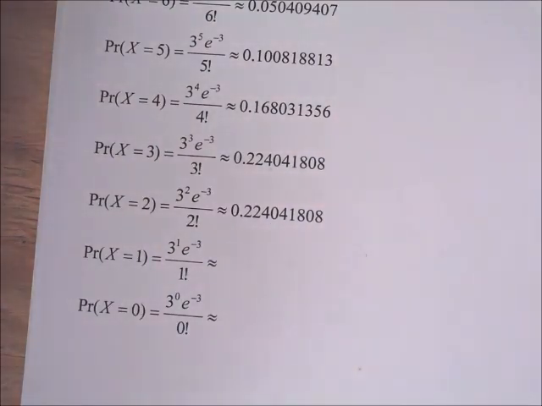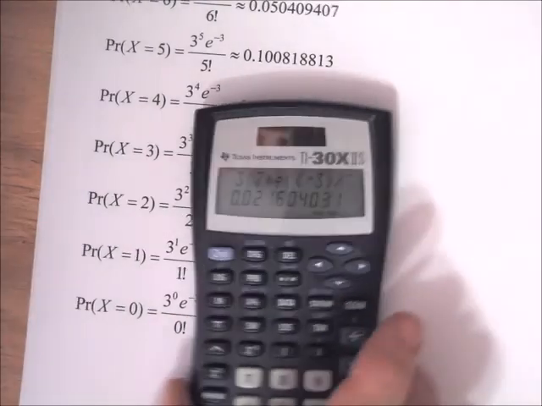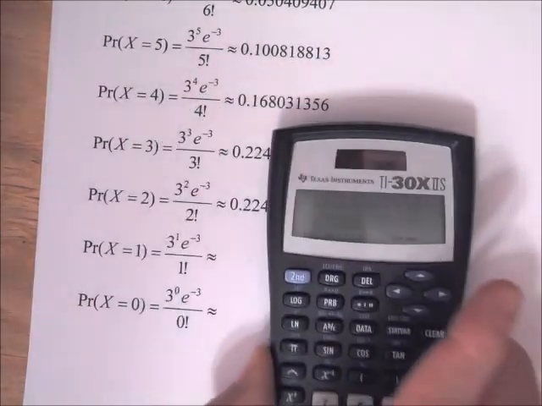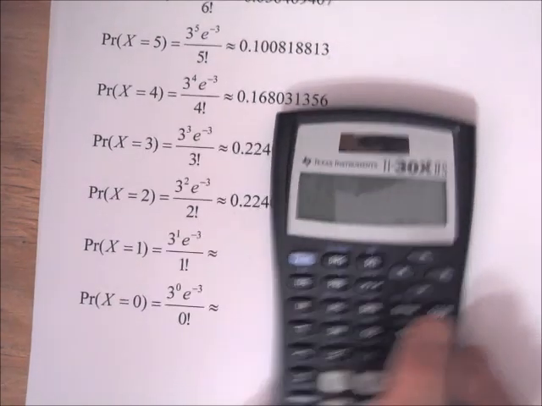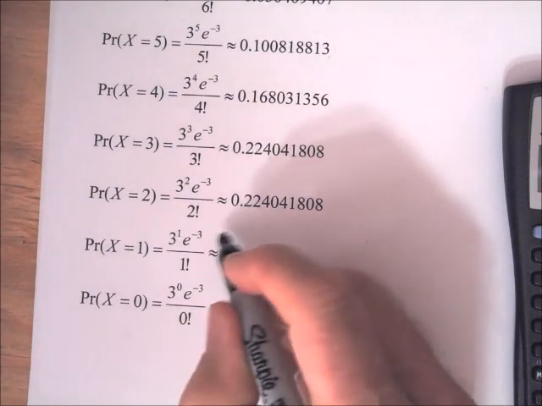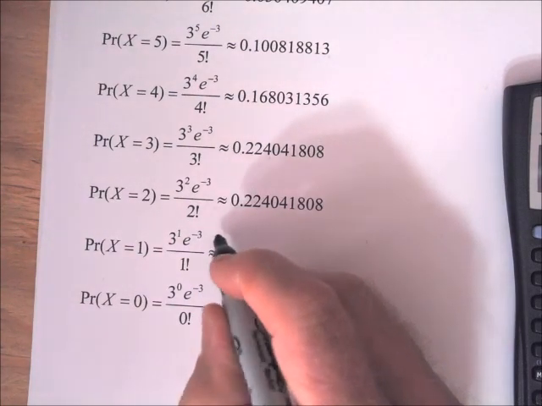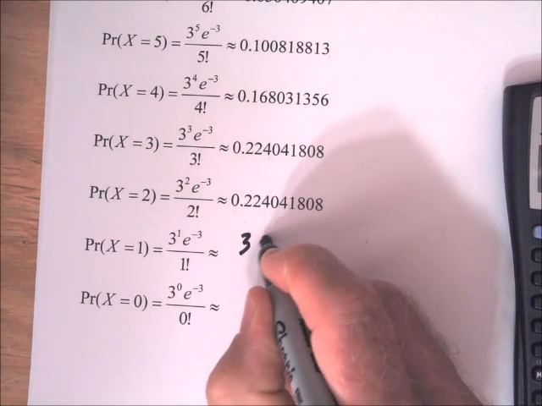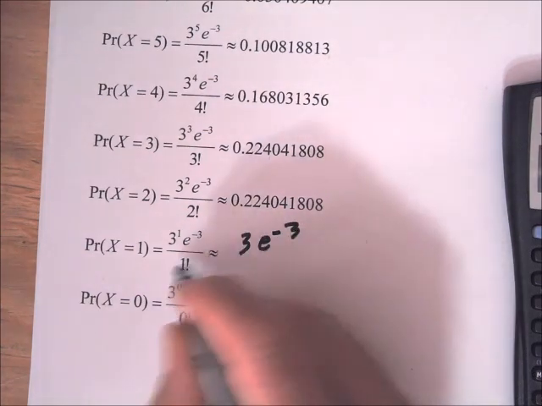So this is going to be 3 to the 1. Some of this you could do in your head. 3 to the 1 is 3, but you can use the calculator if you want. So this is 3 times e to the minus 3. 1 factorial is 1.